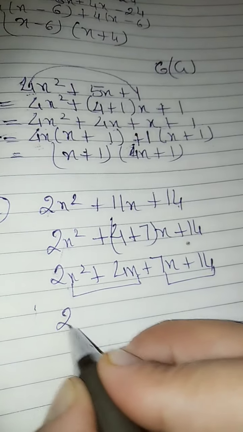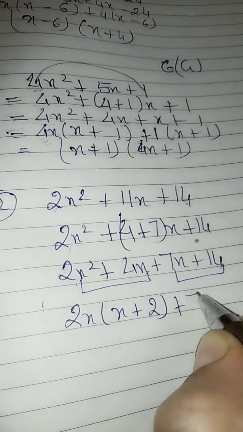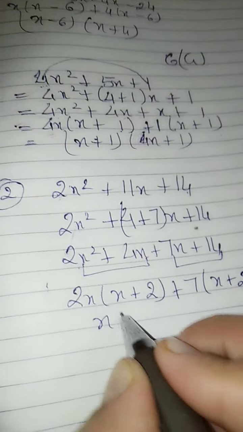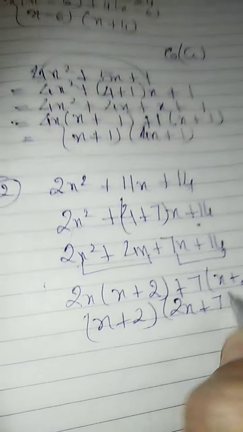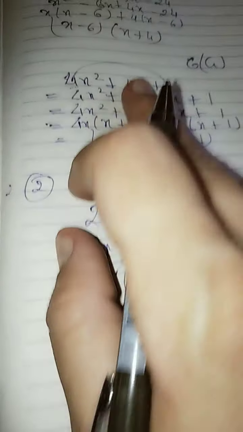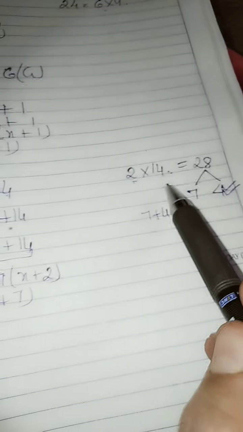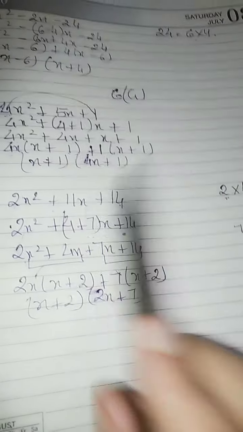Here you can take 2x common, so x plus 2, 2 sevens are 14. So x plus 2 is your common factor, and the next is 2x plus 7. This is how we are going to do it. It's not always direct that 4 plus 1 is 5. First you have to see the product, and then you can break it again to find the required split.